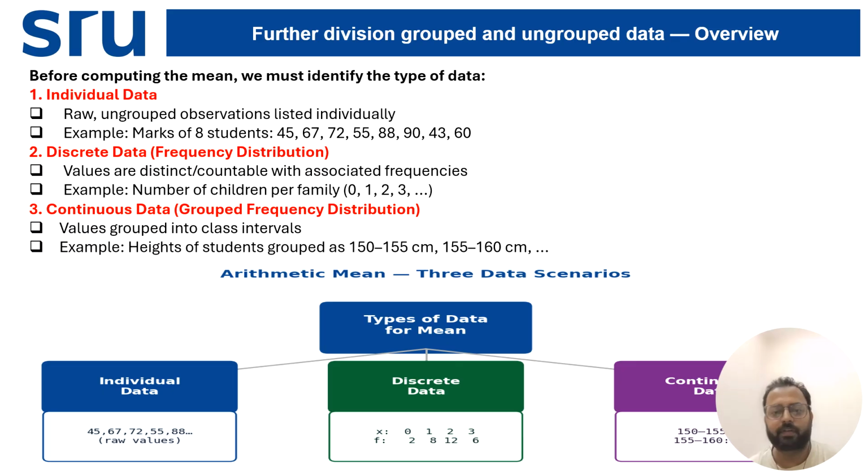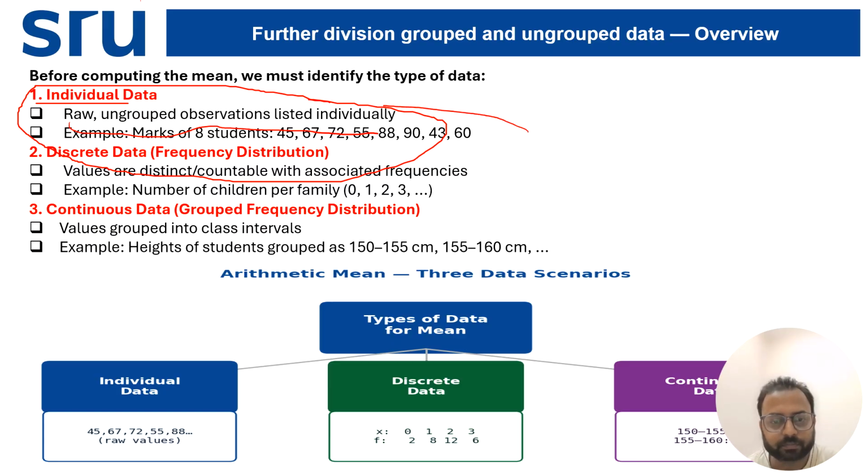Now come to the further division of grouped and ungrouped data. Group data is divided into types: individual data, discrete data and continuous data. Individual data is raw or ungrouped observations listed individually.